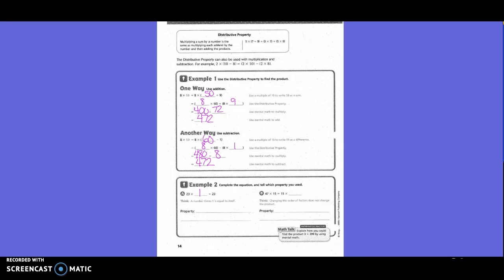You guys said identity, but can I just put identity? No, because it is identity, but of what? Addition, subtraction, multiplication, or division? Multiplication. So identity of multiplication.